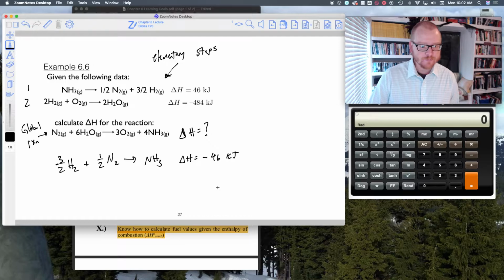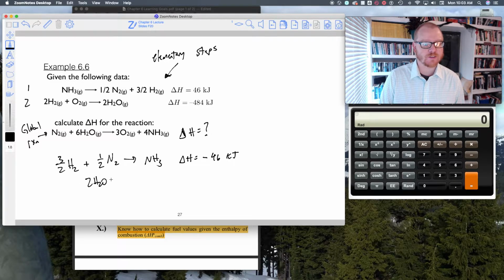Okay? So now the next thing I recognize is that I also have this reaction here where H2O is a product, but down here I need it to be a reactant. So I'm also going to flip this reaction.